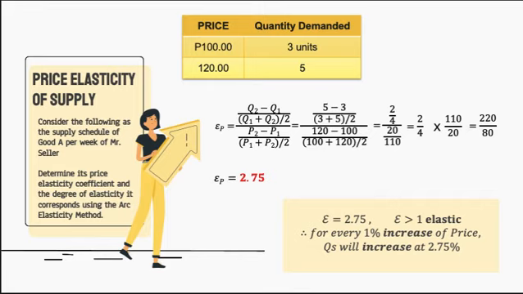Since on the given data, the result is 2.75 and it is greater than 1, then the type of elasticity it corresponds to is elastic. It means quantity supplied is highly sensitive for every change in its price. Therefore, for every 1% increase of price, quantity supplied will increase by 2.75%.